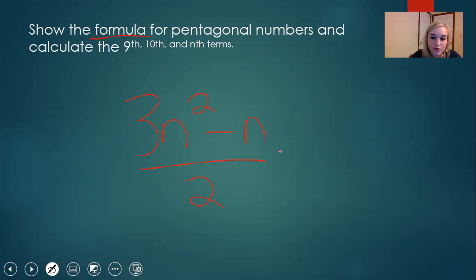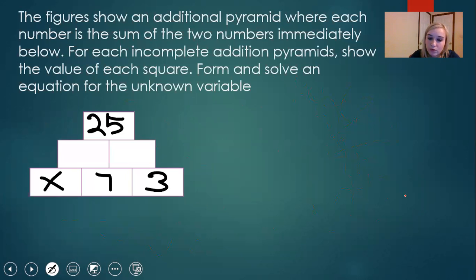Or you could do it another way where you do n times 3n minus 1 over 2. But either one works.